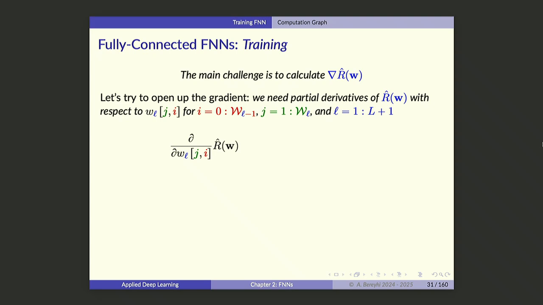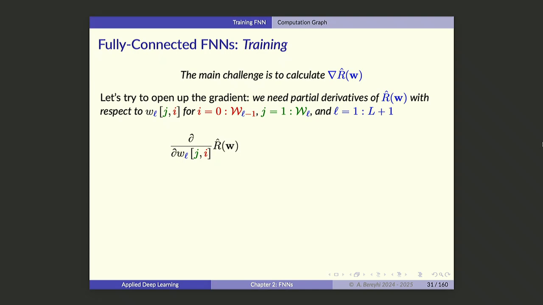So we say the weight which connects the third neuron in hidden layer 1 to, I don't know, the fifth neuron in layer 2. Then I need to be able to compute the partial derivative of my empirical risk with respect to this weight. And what does partial derivative mean? It means that if everything is fixed in this architecture and that particular weight changes slightly, I want to know how the empirical risk changes. Yeah?